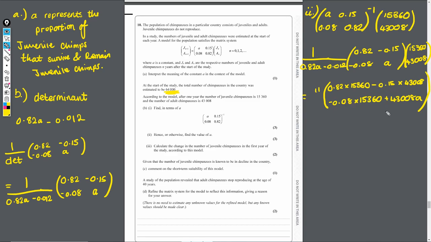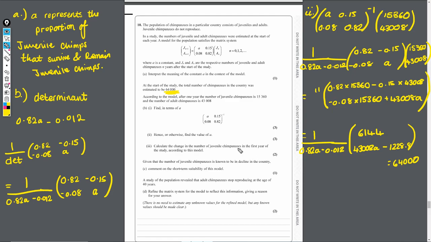If I simplify this and write my 1 over again, this is equal to 1 over 0.82A minus 0.012, times 6,144, and then minus, in fact I'll do the positive first, 43,008A minus 1,228.8. This is equal to 64,000, because that's the total population.